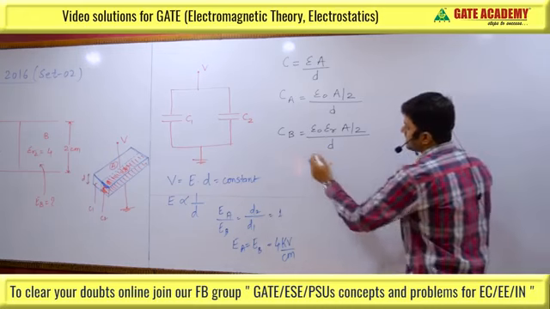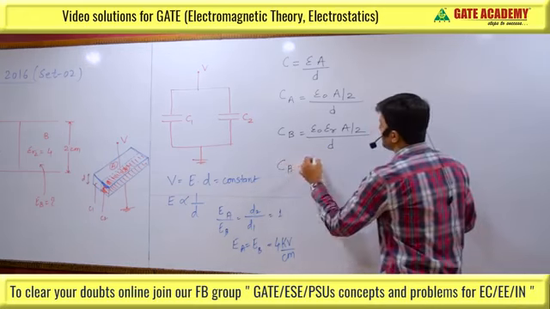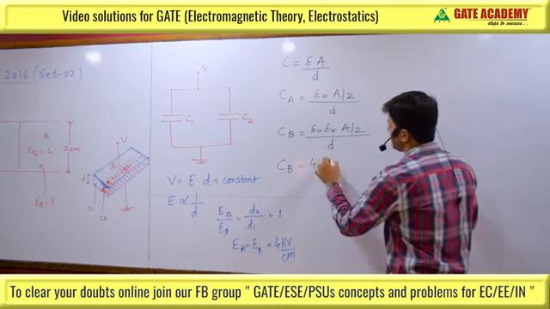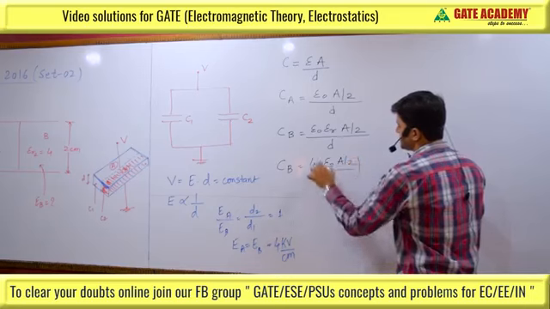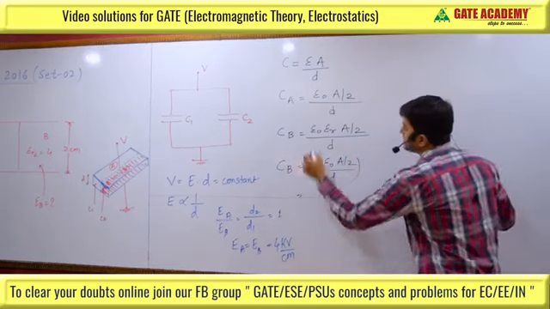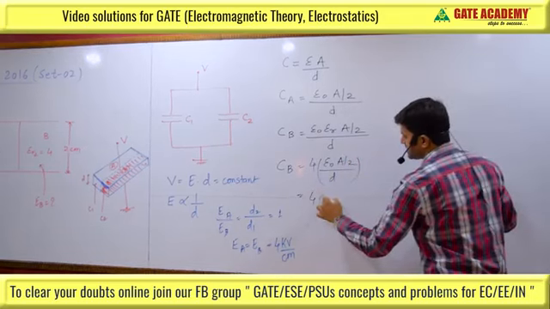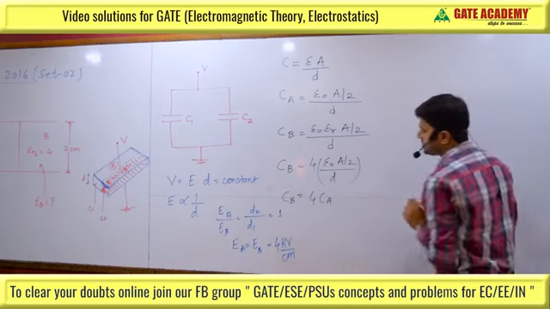This is D. So CB equal to epsilon R is 4, so this is 4 epsilon naught A by 2 into D, and this bracket is nothing but CA. So this is 4 CA. So CB equal to 4 CA.